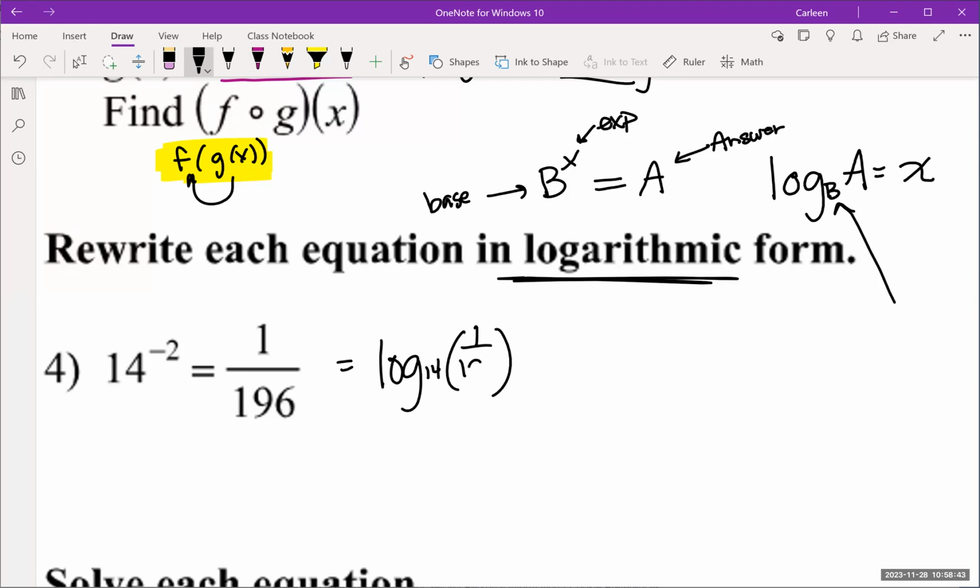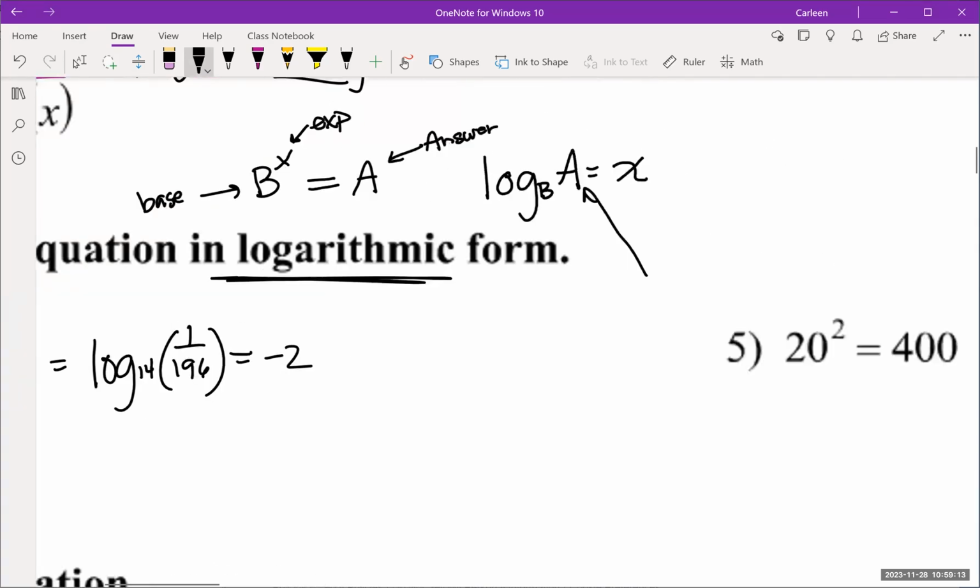One over 196. That is the answer. Awesome. Good job. And I have now isolated the exponent. So what goes alone on the other side? -2. That's the hardest one.